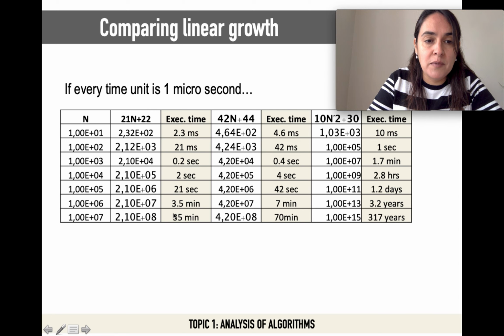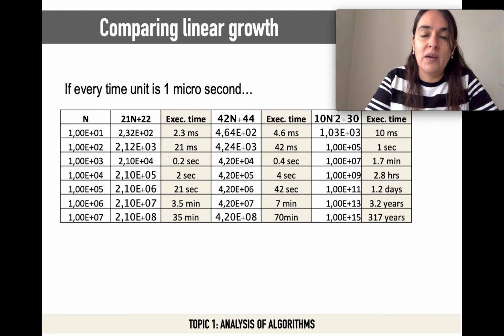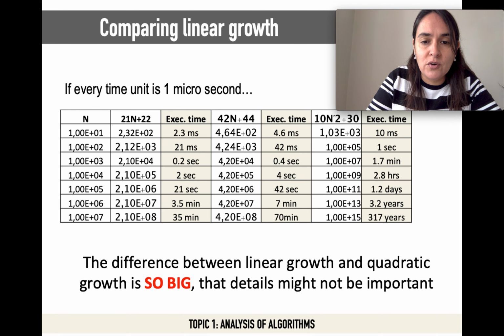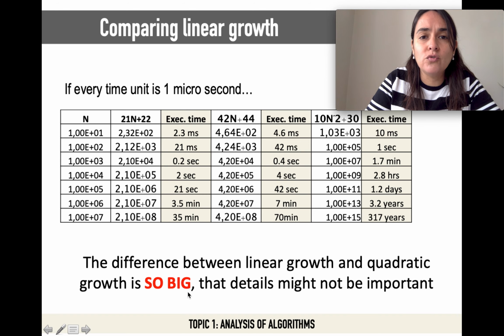We have 35 minutes for an array with 10 million elements, 70 minutes here. But with the quadratic equation, you have 300 years. Gosh, that's a lot of time. We don't want to, and we can't wait 300 years for an algorithm to finish. So the difference between linear growth and quadratic growth is so big that it seems that taking care of these constants and these details is not worth it.